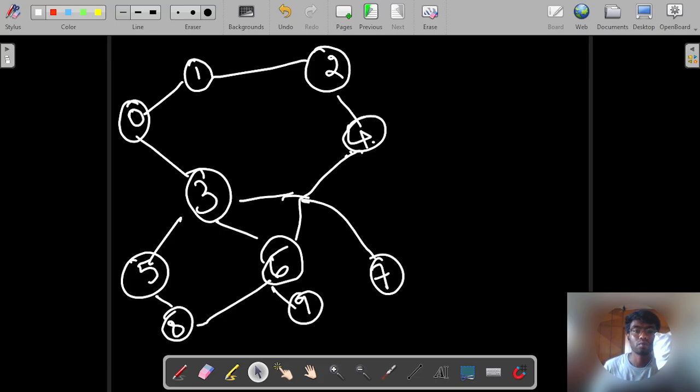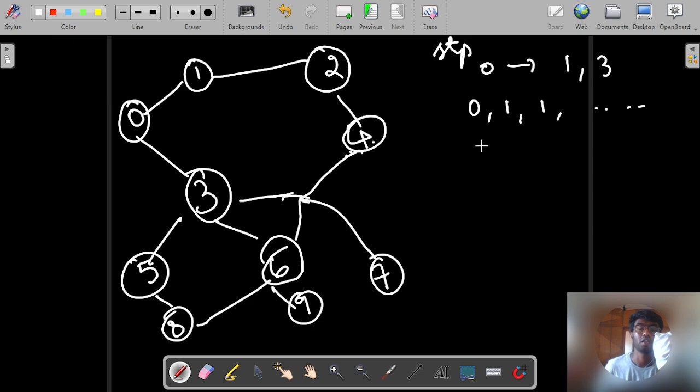Okay, so for a simple dry run, let's say we start out with node 0 in step 1, and we explore 1 and 3, and the distance array would be updated to 0, 1 and 1, and all others infinity, and the previous values for these will be -1, 0, 0, right? Step 2 would look like this.